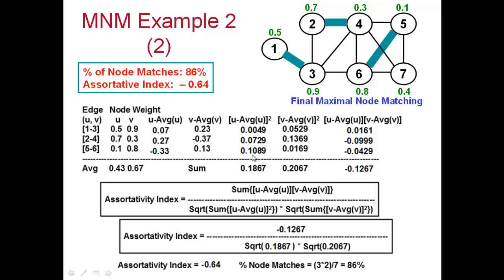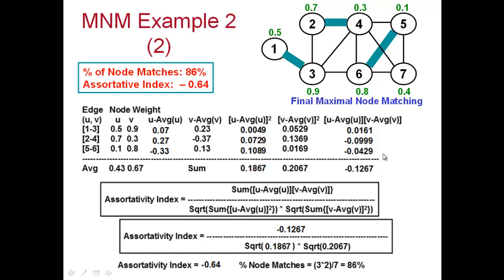So this is the sum of the squares of the differences. Similarly, square these differences for v and find the sum of the squares of the differences. You also compute the product of the differences and compute their sum. So the formula for the assortative index is the sum of the product of the differences divided by the square root of the sum of the squares for the u values times the square root of the sum of the squares of the v values.